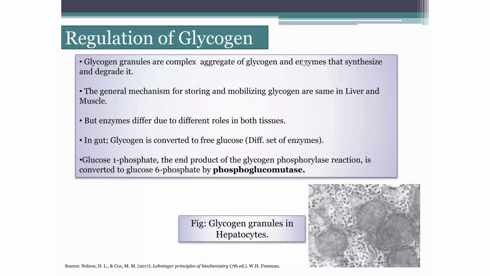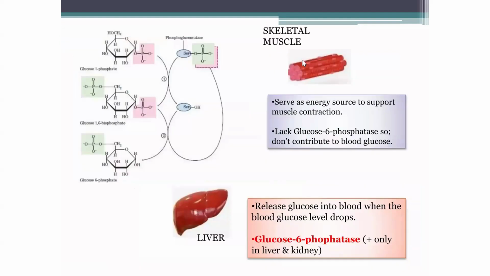Now, in skeletal muscles, glycogen serves as an energy source to support muscle contraction.